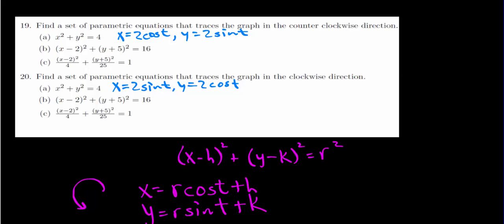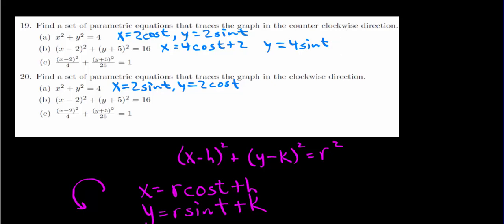Now the next one, pretty much the same. We've got 4 this time. We've got x is equal to 4 cosine t plus 2, and y is equal to 4 sine t plus 2. Actually, not plus 2. What am I doing? Minus 5. Sorry about that.